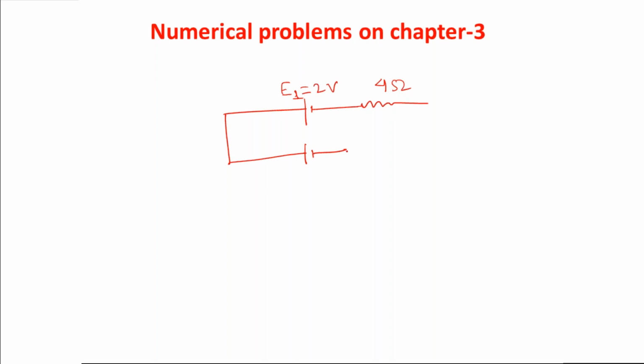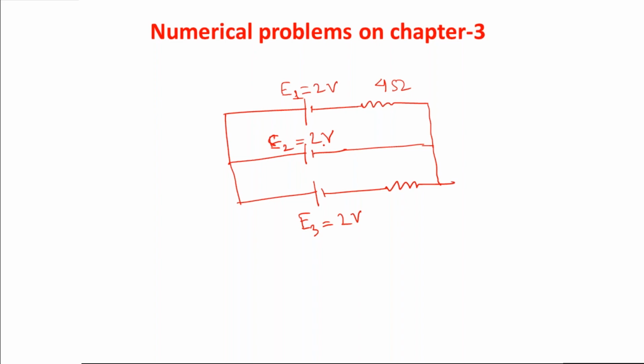Then another cell, there is no resistance across this cell. Then I have the third cell also like this, and there is a resistance like this. And suppose this is E3, has voltage 2 volt.